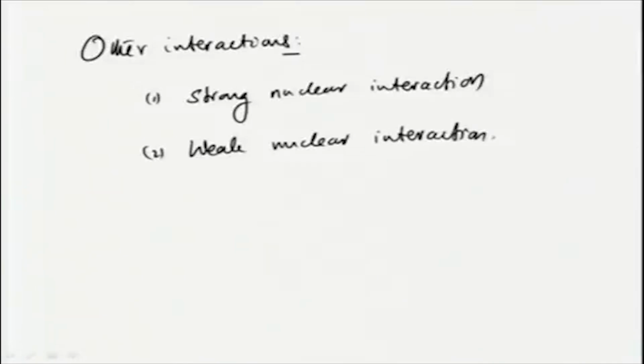Can we describe these interactions also through the gauge symmetry, similar to what we discussed for the case of electrodynamics, is one thing which we will see. We will come to that in the next lecture.